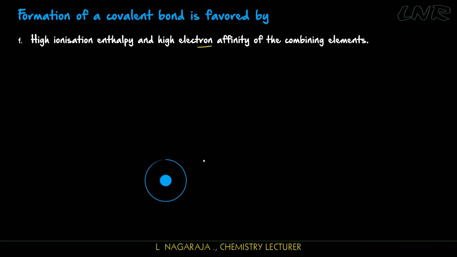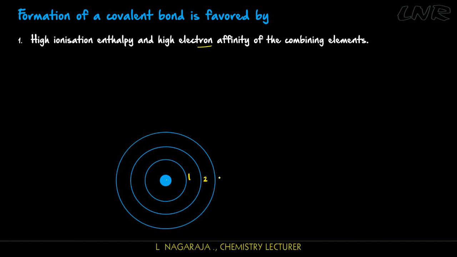For example, let us consider this is the nucleus, and this is the first energy level, second energy level, and third energy level. Electrons filled in the first energy level are in the 1s orbital. The second energy level contains 2s as well as 2p orbitals, and the third energy level contains 3s, 3p and 3d orbitals, right?